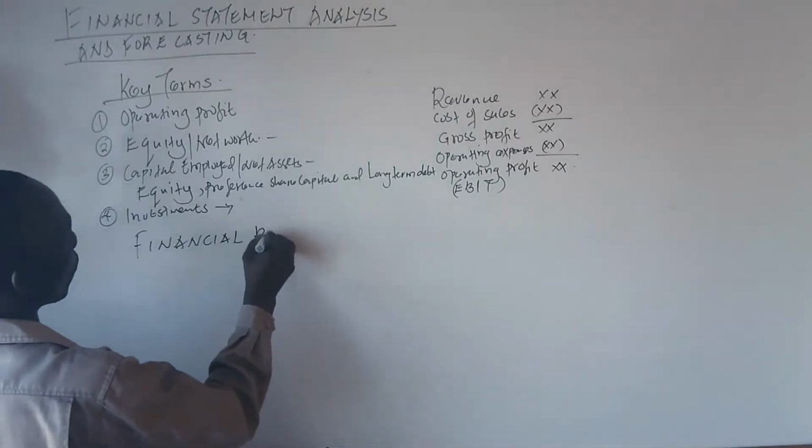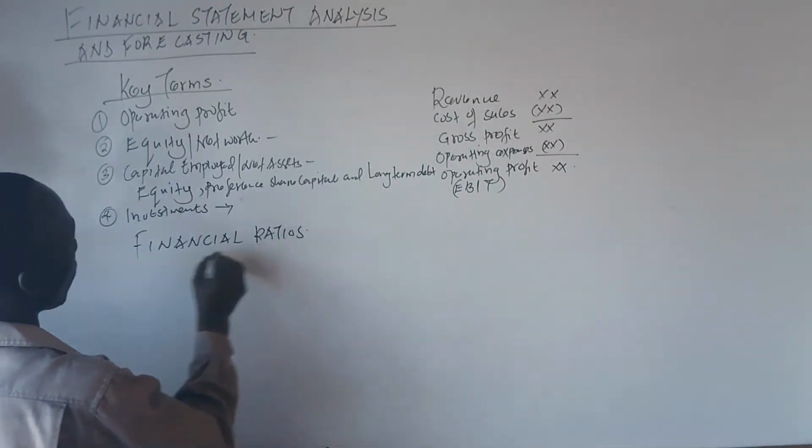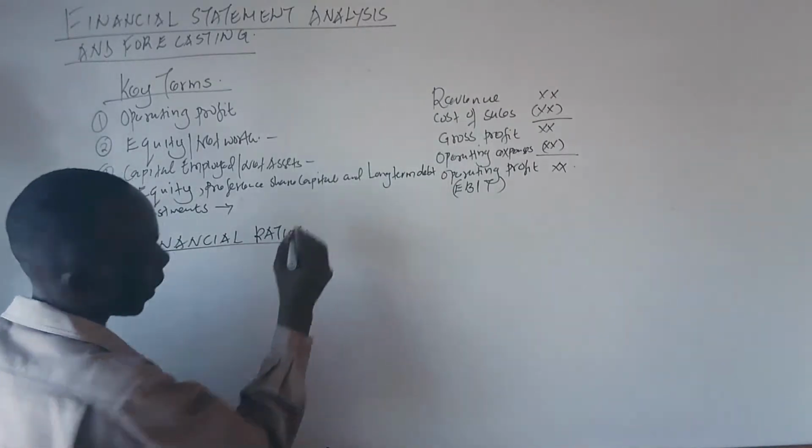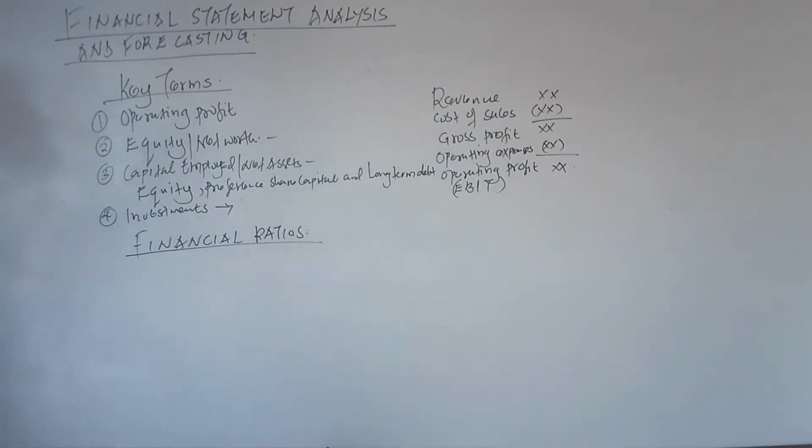Financial ratios. Write and say ratios can be categorized into five categories as follows.